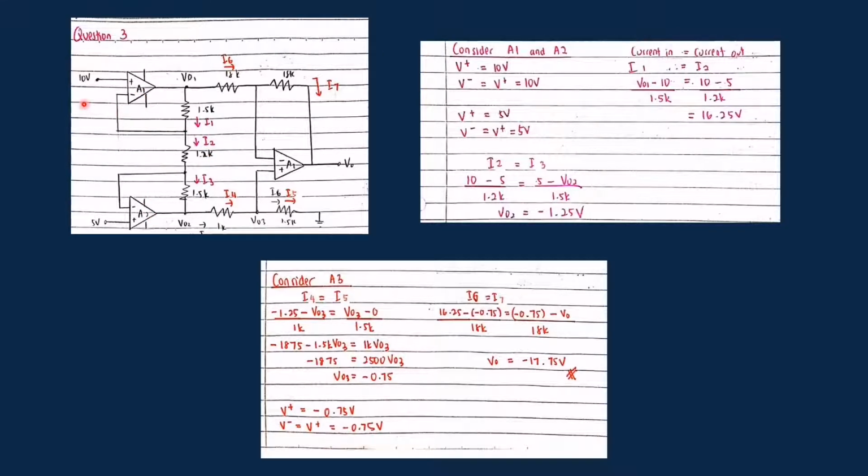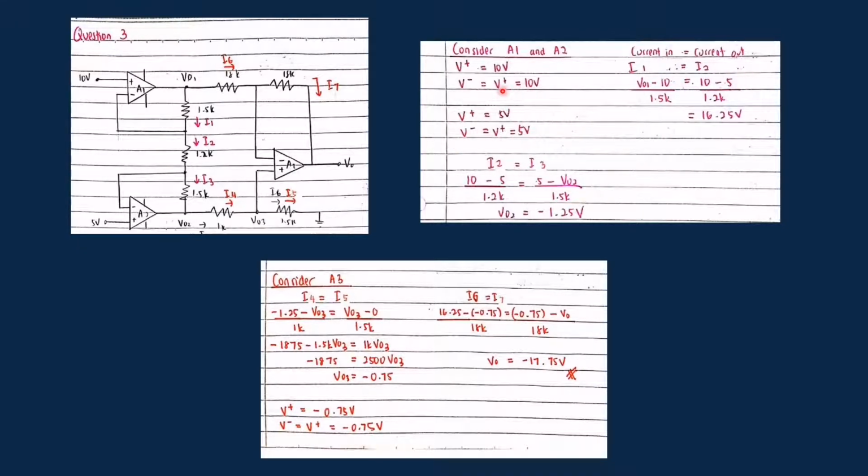First I have to find the V plus here, V minus here, V plus here. The voltage supply is 10 volts, so V minus equals V plus, which equals 10 volt. And then the voltage supply here is 5 volt. It makes V plus equal to 5 volt and V minus equal to 5 volt.